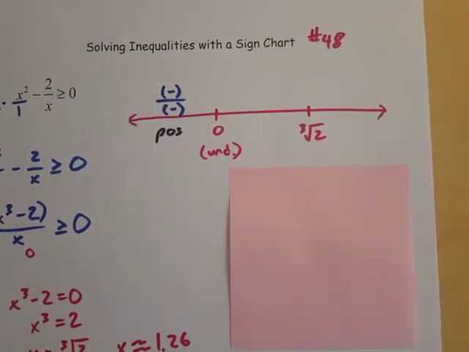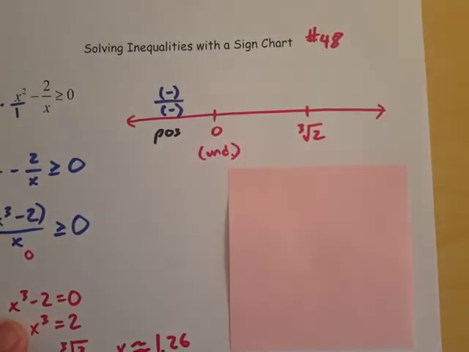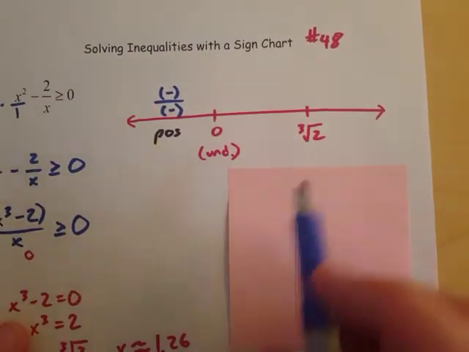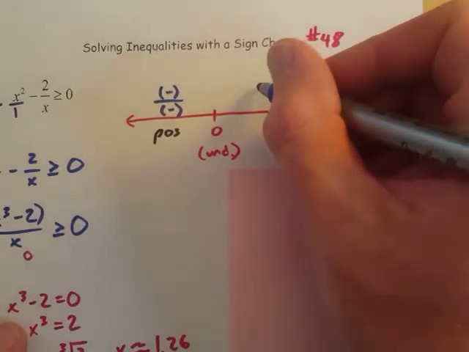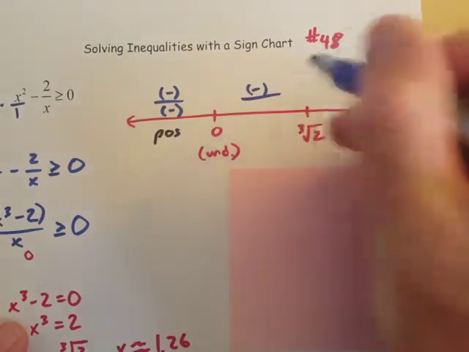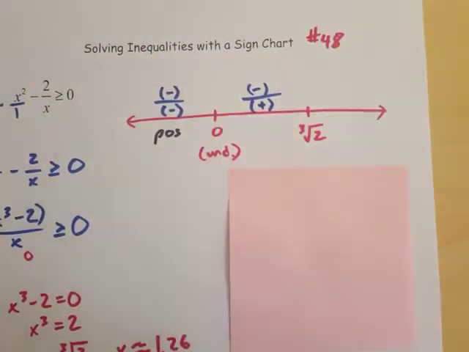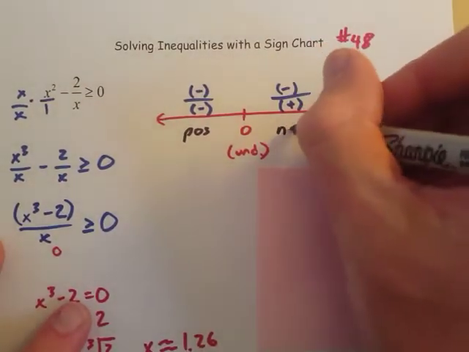Okay. Then we do, let's say, +1, because that's somewhere in between 0 and 1.26. That's why I wanted to know what that value was. So I pick 1. 1 cubed is 1, minus 2 is -1. So that's negative on top. On the bottom, +1, so that's positive. And that means overall that this interval is negative.